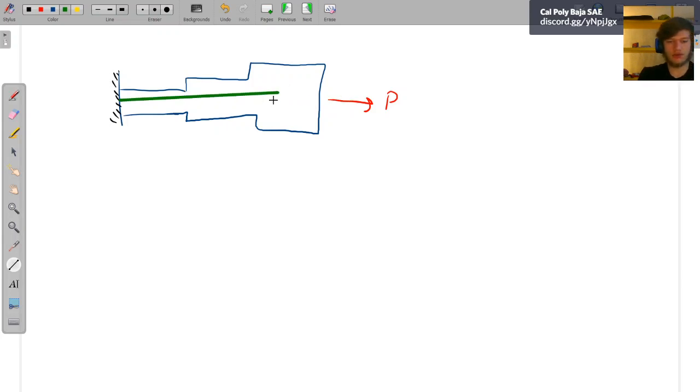Oh, that wasn't straight. Call this our x-axis. We'll call this one the y-axis. And then what isn't shown here, or what I'll draw obliquely here, is our z-axis.